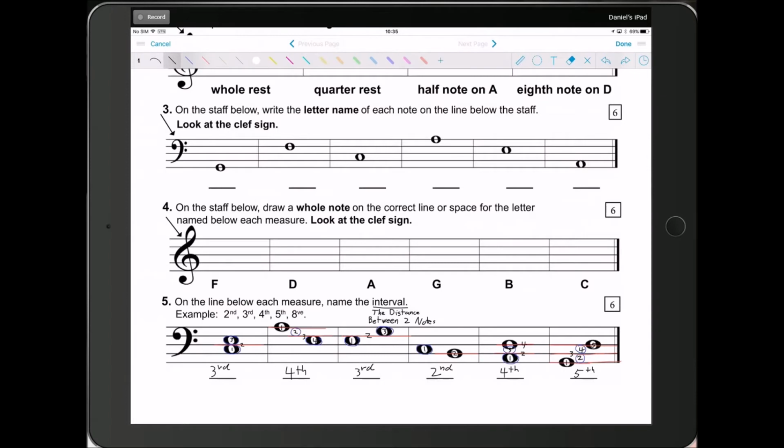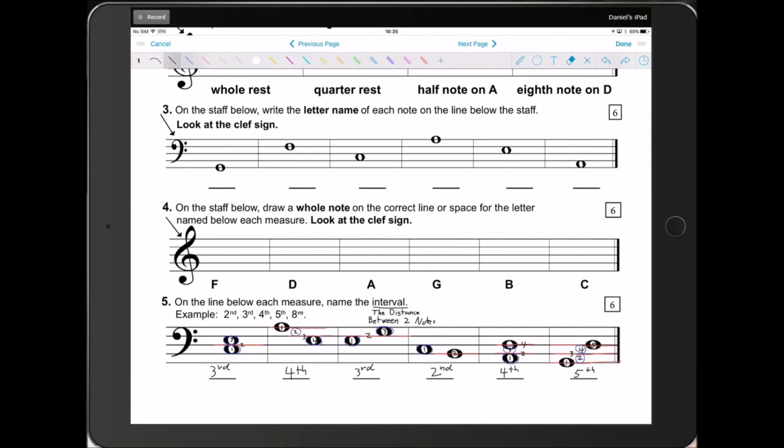You don't really need to know what the clef sign is for this particular question, because the clef sign isn't going to change the distance between the notes. It's just going to change the name of the notes that the interval is showing. Alright? So don't worry too much about the clef sign, but just make sure you count the lines and spaces in between the notes and the notes themselves.